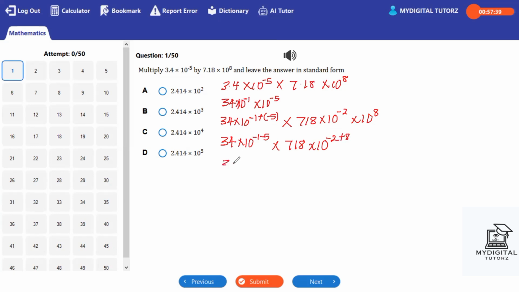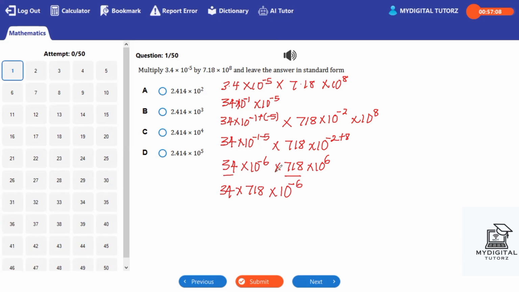That will give us 34 times 10 raised to power minus 1 minus 5, which is minus 6, then multiplied by 718 times 10 raised to power minus 2 plus 8, which is 6. So it's still multiplication. I can say this multiplied by this: 34 multiplied by 718 multiplied by 10 raised to power minus 6.